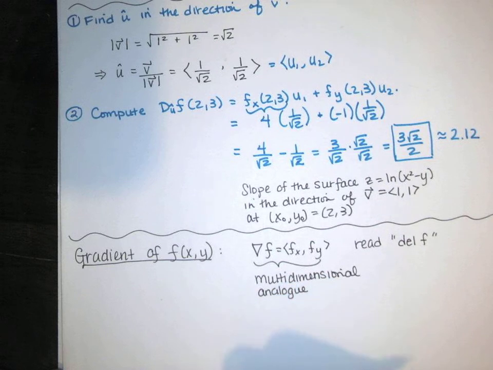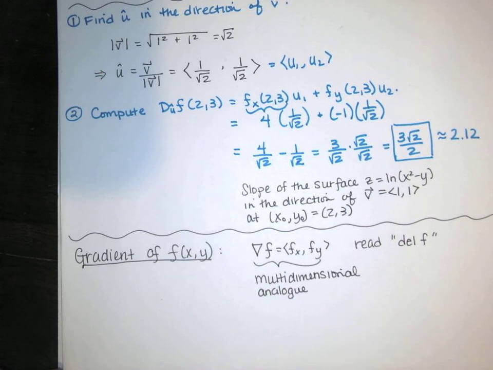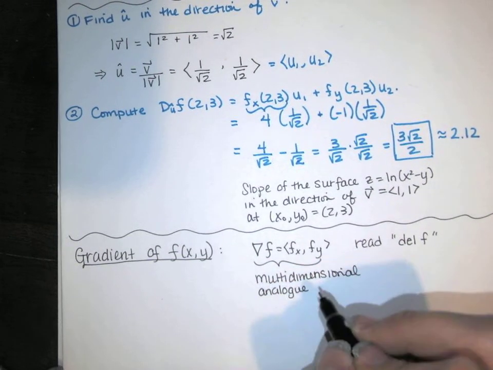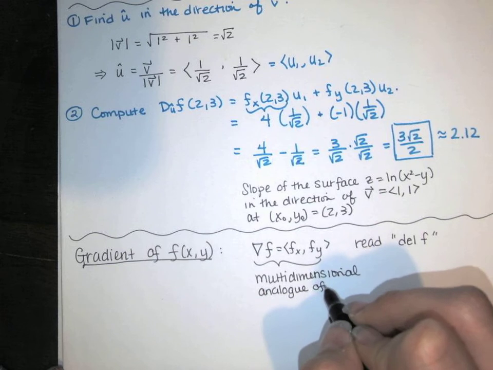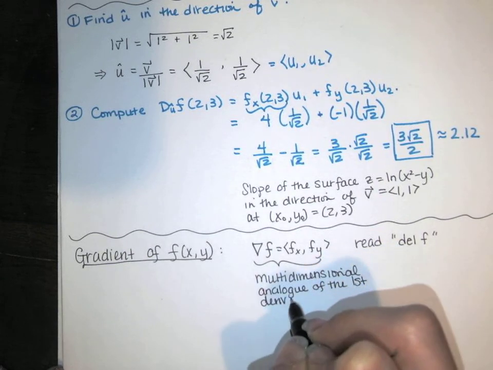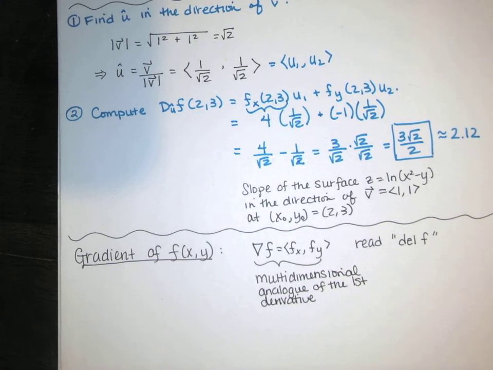We just can't do it with a single number anymore or a single function of x anymore. Because we've got multiple variables, it's a vector with multiple parts. So this is our multi-dimensional analog of the first derivative. And we'll have different versions of the gradient for more variables, but we'll get back to that later.